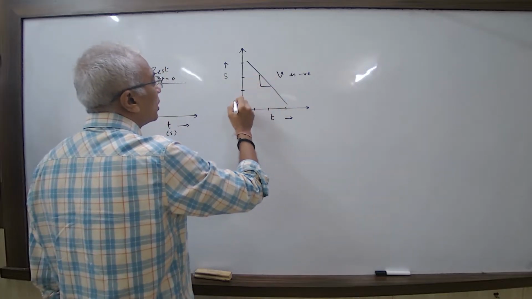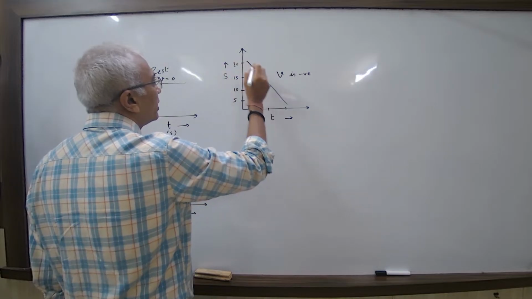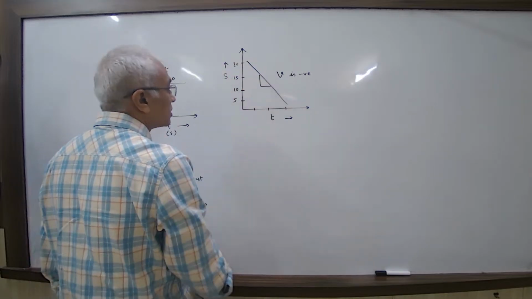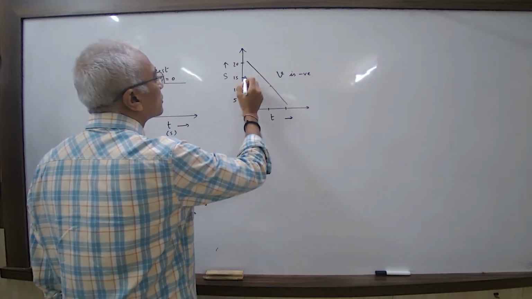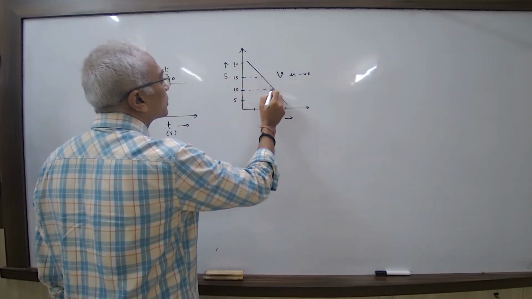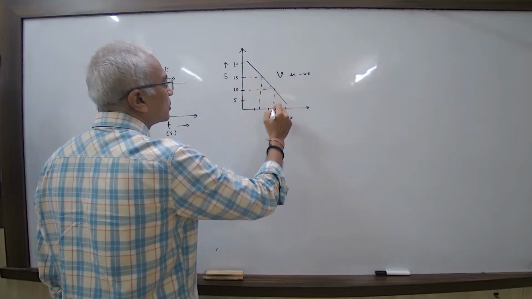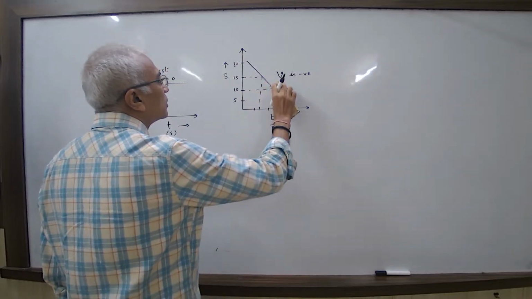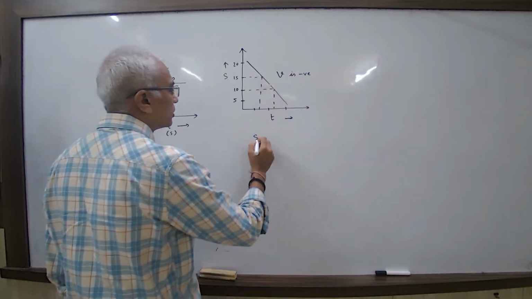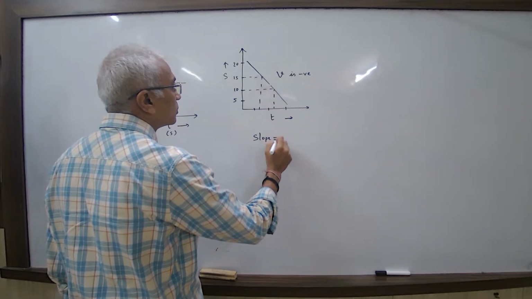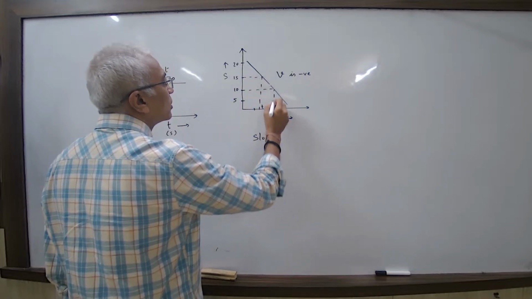देखो, अब समझो. 5, 10, 20, ठीक है? So if you take this velocity, let's say I take this velocity. ठीक है? तो slope क्या होगा यहाँ? This is T2, this is T1.